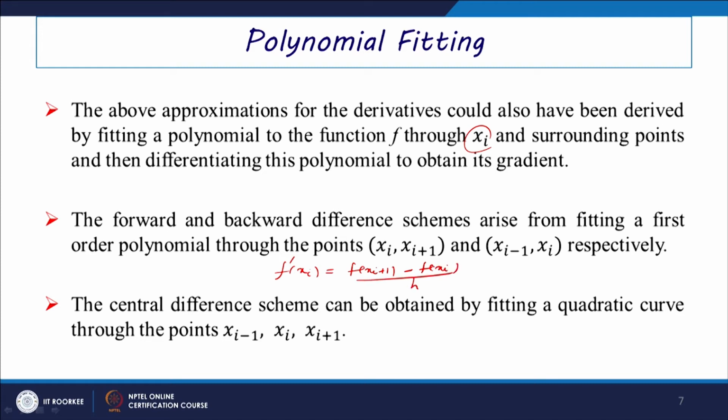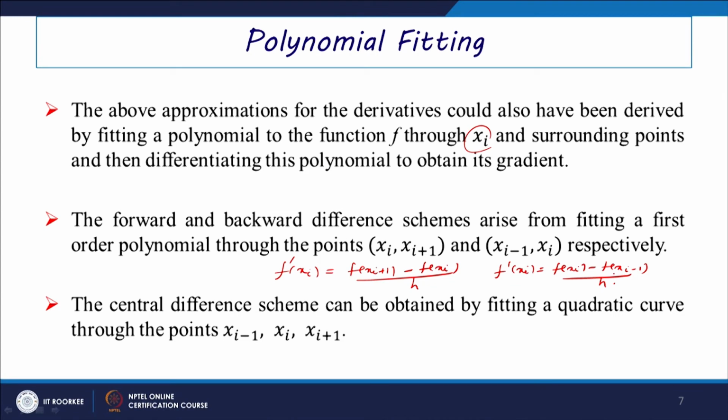Similarly we define the backward difference scheme: f dash of xi can be written as f of xi minus f of xi minus 1 divided by h. So if we fit the function associated with the grid points with a polynomial, it is very easy to get the differential formulation.